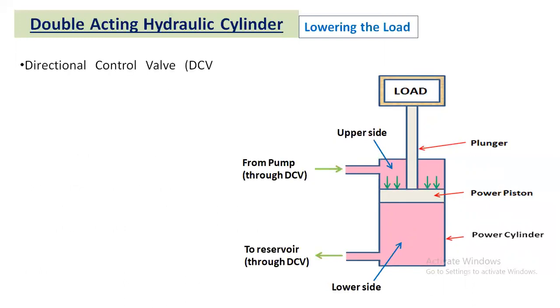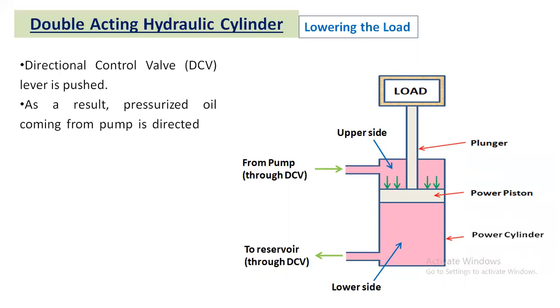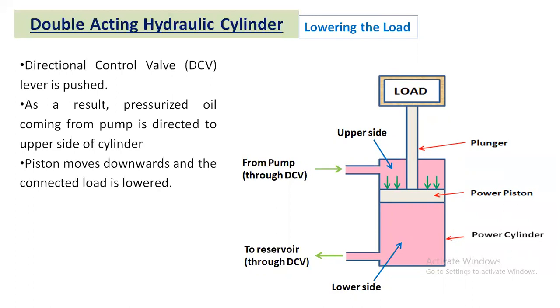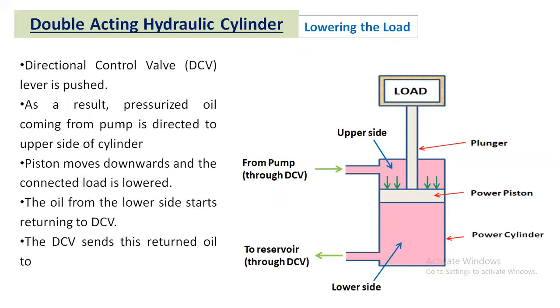So if we have to lower the load, then we supply pressurized oil to the upper side of the piston. Due to pressure, the piston goes down, load is lowered and the displaced oil from under the piston from the lower side goes back to reservoir.